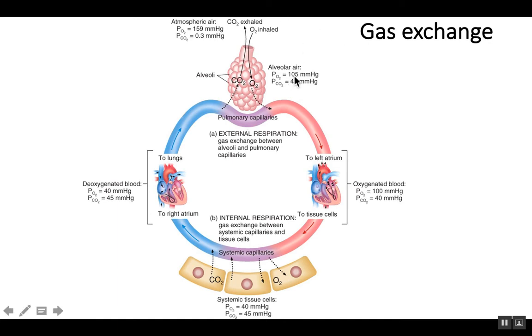So notice the oxygen levels are a little bit lower and the carbon dioxide levels are higher than in the atmosphere. The blood entering those pulmonary capillaries have a certain amount of those two gases. That's shown here. Deoxygenated blood that enters pulmonary capillaries has about 40 millimeters mercury of oxygen, 45 millimeters mercury of carbon dioxide.